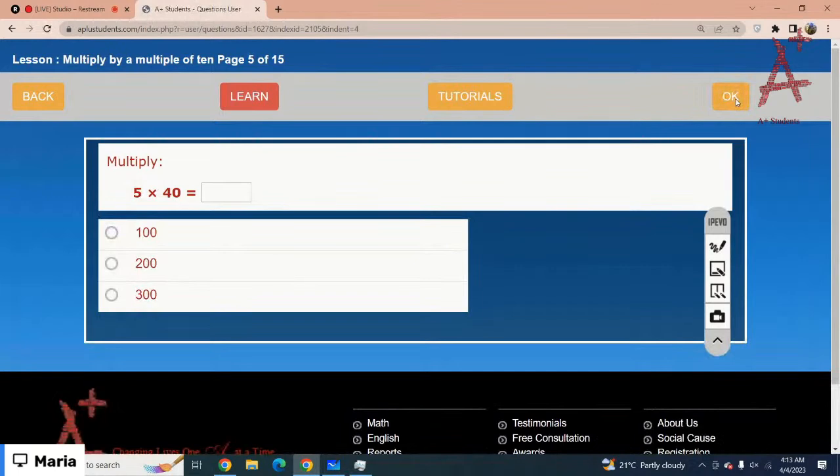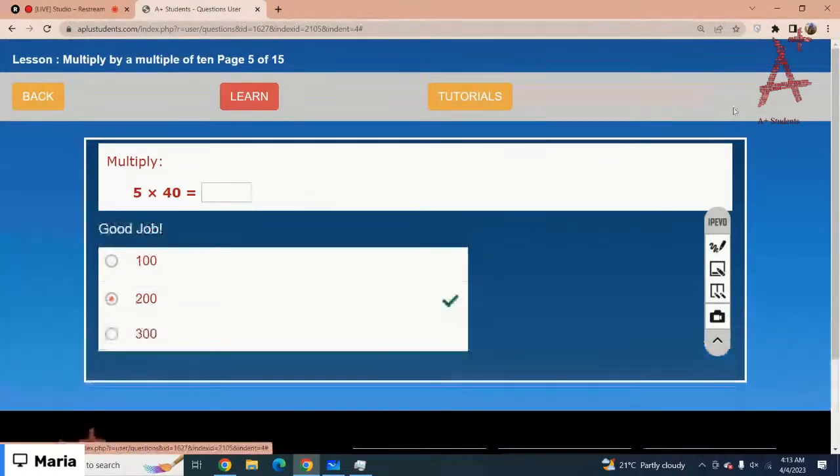Okay, the next one is 5 times 40. So 5 times 40 is, yes, 5 times 4 is 20. That would be 200. Got it? You have to add the 0, so it would be 200.